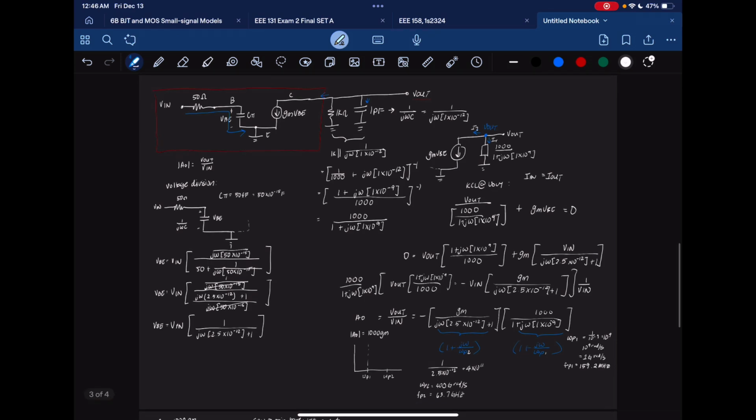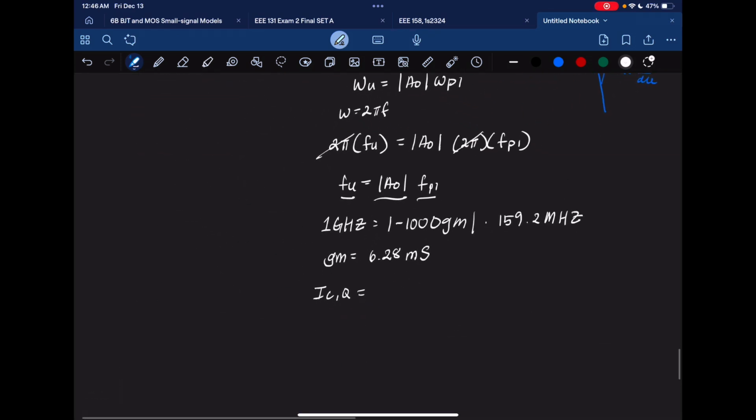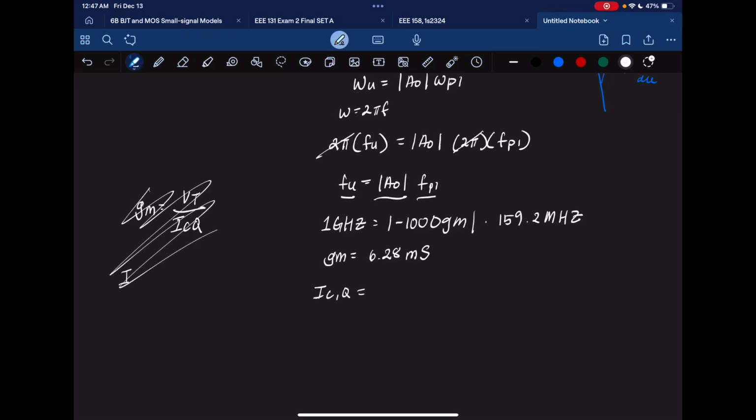And then ICQ, did we get this earlier? I didn't mention the formula for this. When we derive, GM is equal to ICQ over VT. But then we are looking for ICQ, so ICQ is GM times VT.